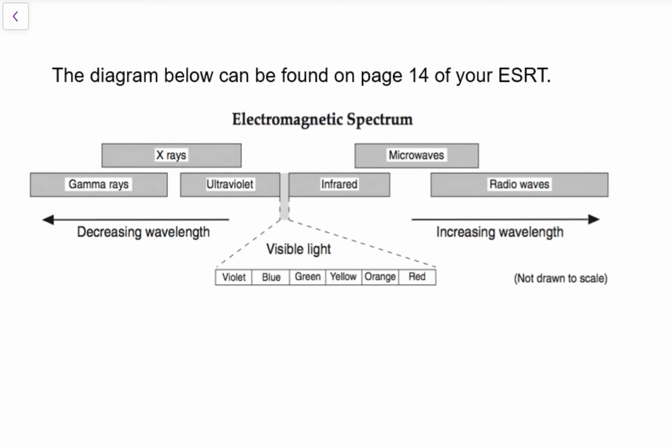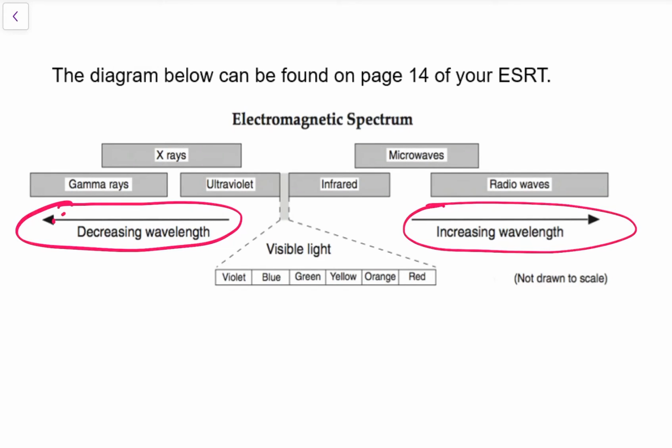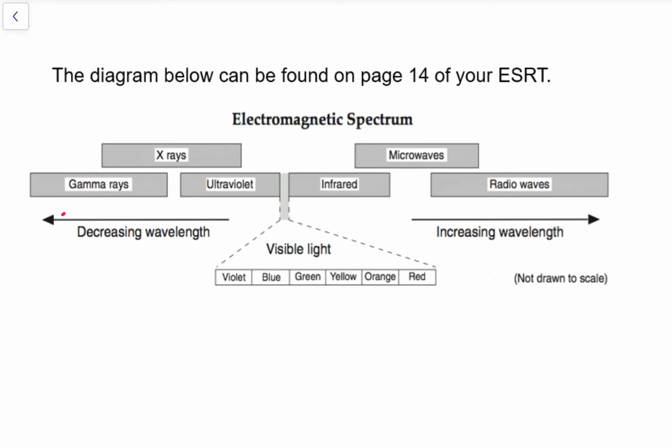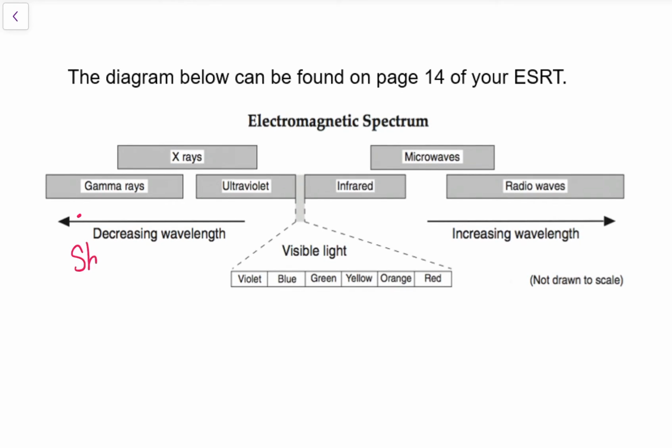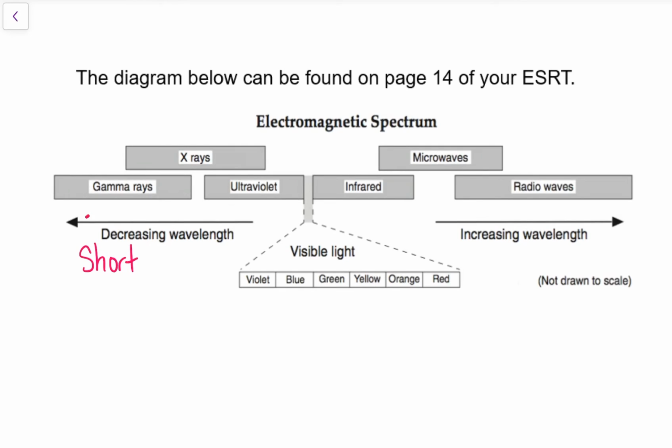Okay, so this chart can be a little confusing at first. We see this arrow here that mentions the decreasing wavelength moving to the left and the increasing wavelength moving to the right. If we want to make this a little bit easier to read, we can annotate this chart and say that this side here is short wavelengths. And when we think about short wavelengths, these wavelengths have very short waves, kind of like this.